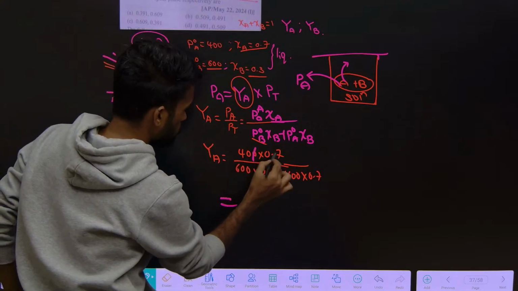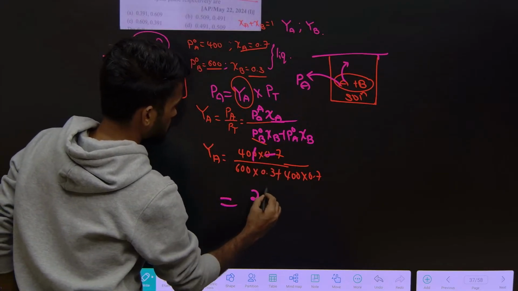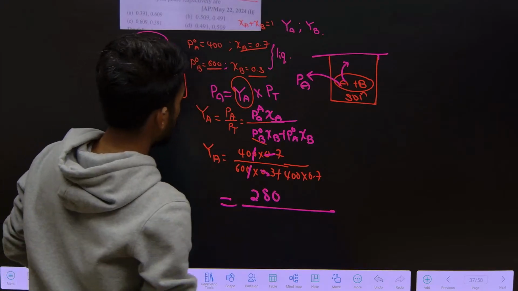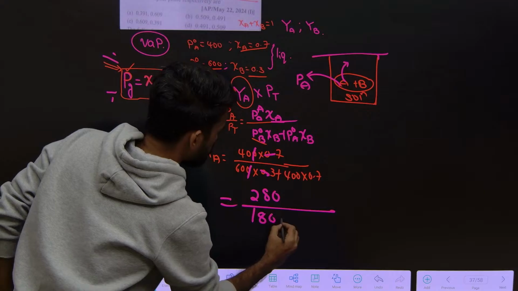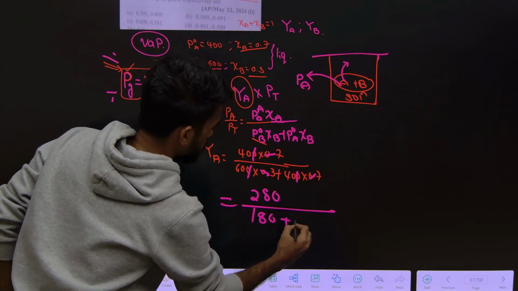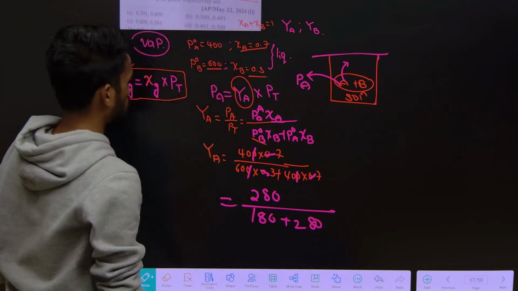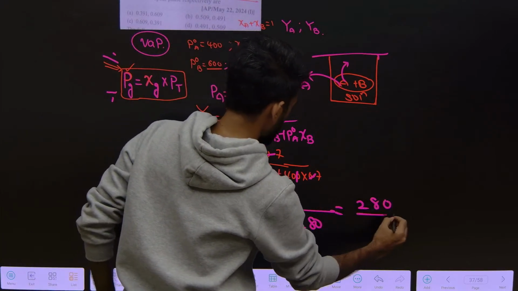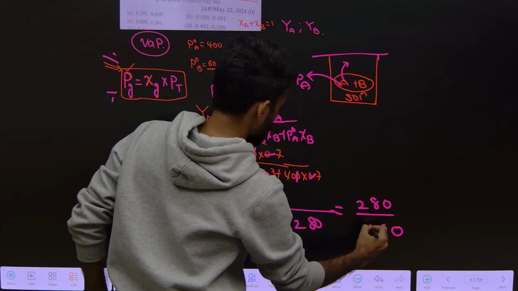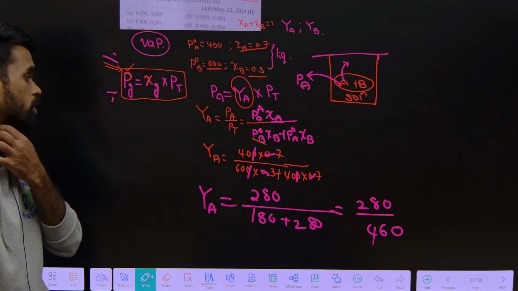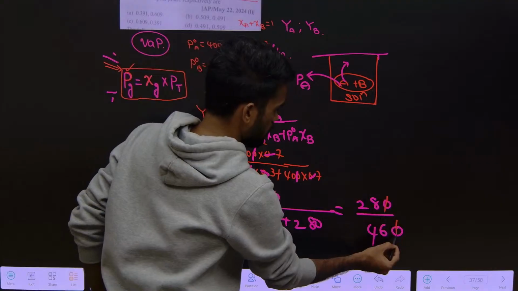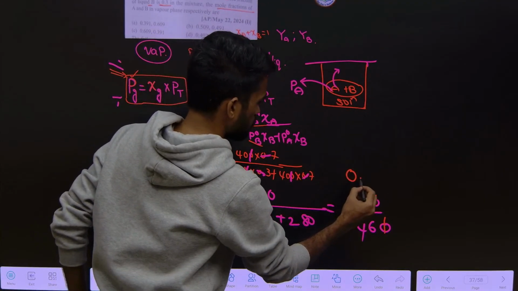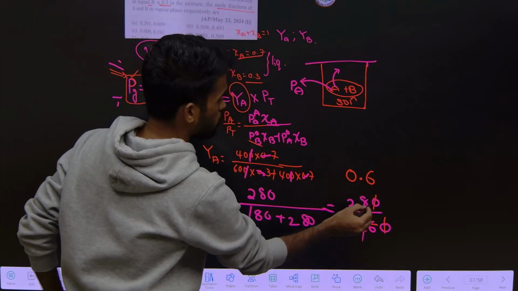So 400 into 0.7 is 280, and here it will be 180 plus 280. So you will get 280 by 460. It will be around 0.6.